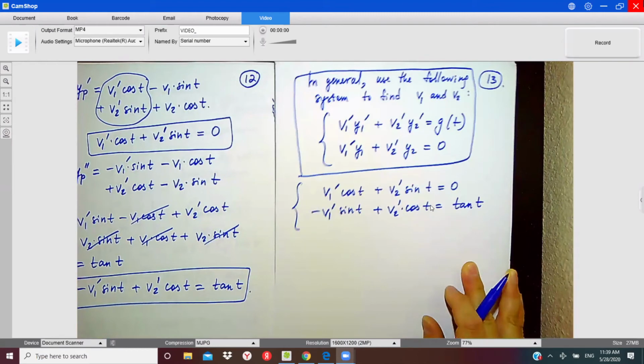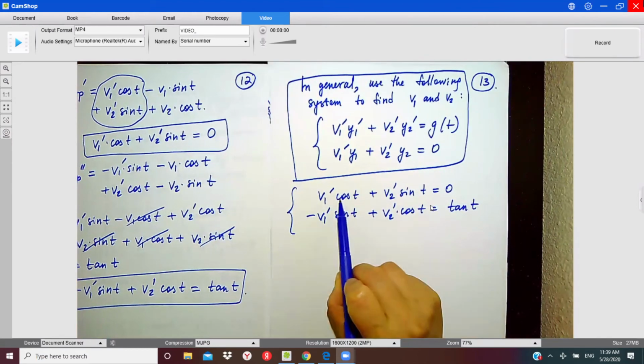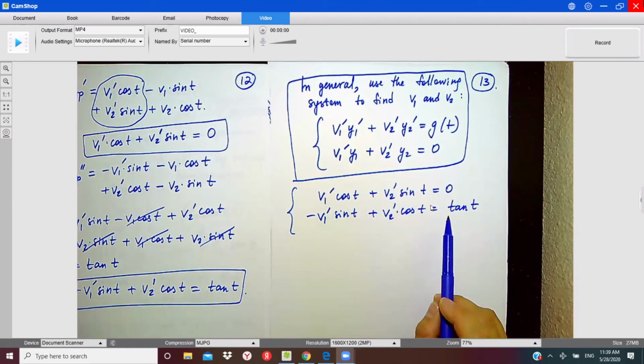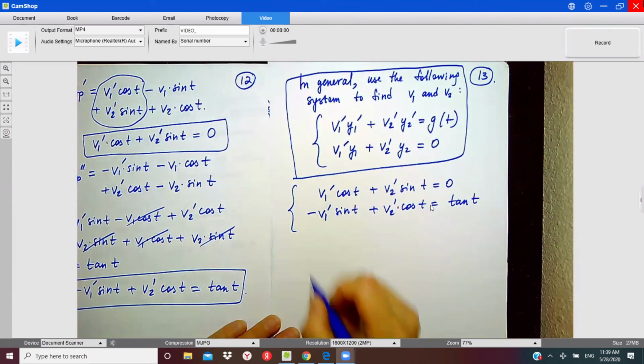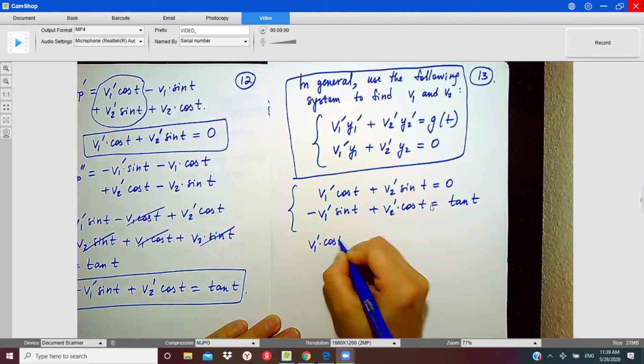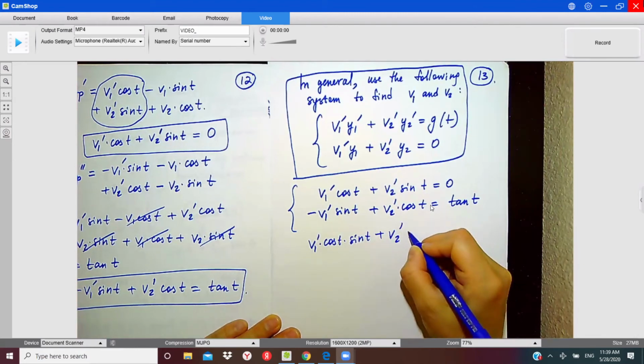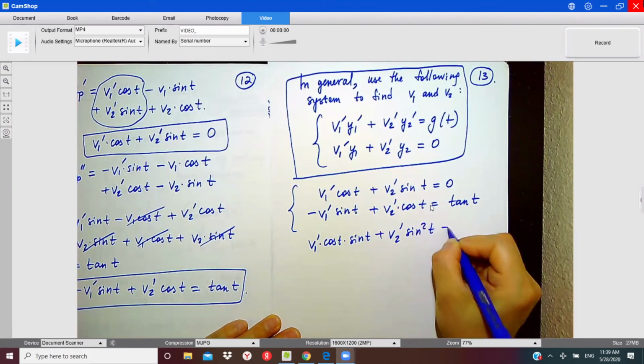So to solve it, the text suggests to multiply both sides of this equation by sine and both sides of this equation by cosine, and then add them together to eliminate the first term. So you get v sub 1 prime cosine t times sine t plus v sub 2 prime sine squared t equals 0.